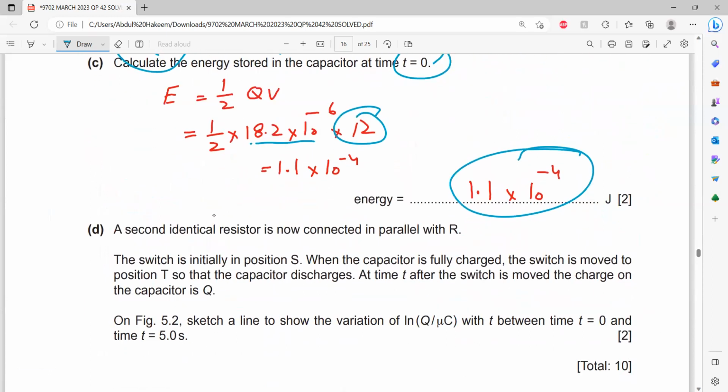Now a second identical resistor is connected in parallel with R. When resistors are connected in parallel, the resistance decreases. Look at the time constant RC: when R decreases, the time of discharge also decreases. So the question is to sketch a line of ln Q in microcoulomb with time t from 0 to 5.